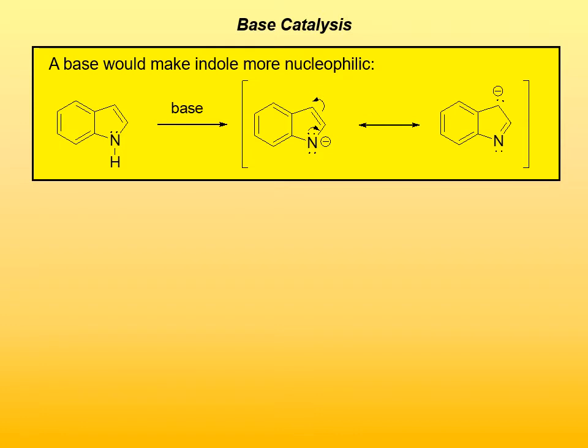So to overcome this problem, we can catalyze the reaction. For example, we can apply base catalysis. Application of a base would deprotonate nitrogen. That's the most acidic proton, the one bonded to nitrogen.